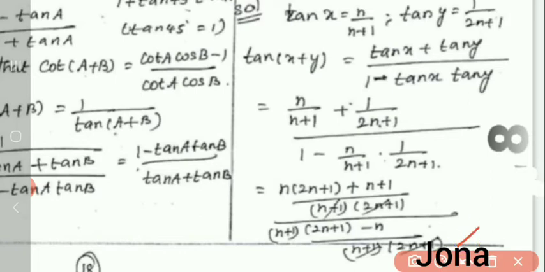Cross multiply that thing, so 1 into n plus 1 into 2n plus 1 is here, minus this n. After that I can cancel this denominator and denominator will go off. The remaining things are n into 2n plus 1 plus n plus 1 divided by n plus 1 into 2n plus 1 minus n.